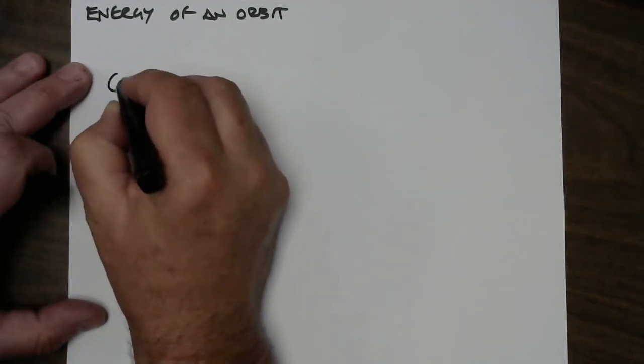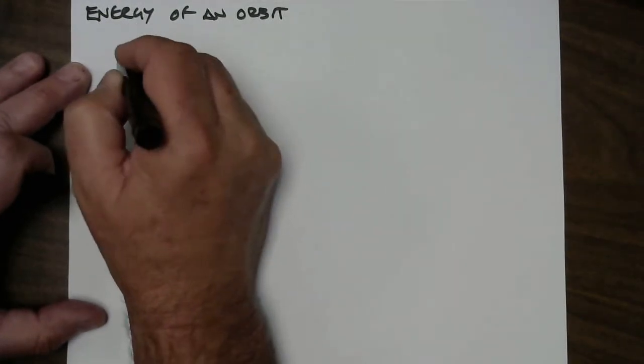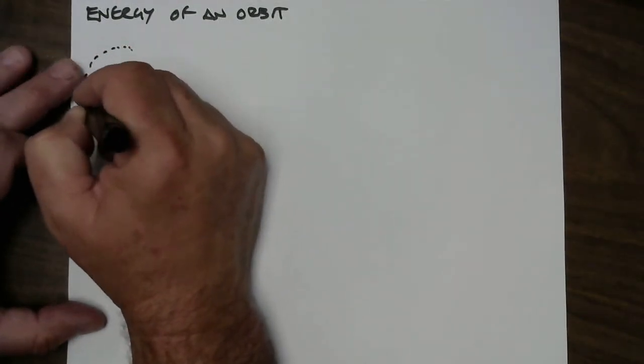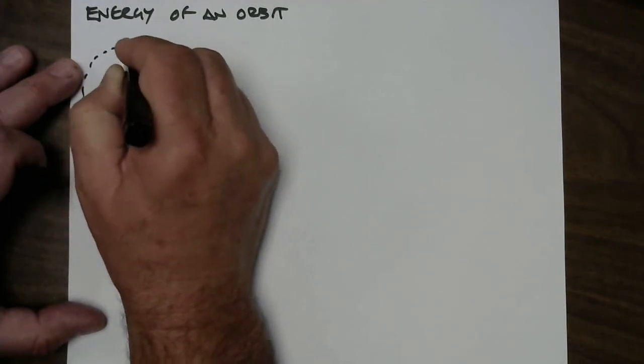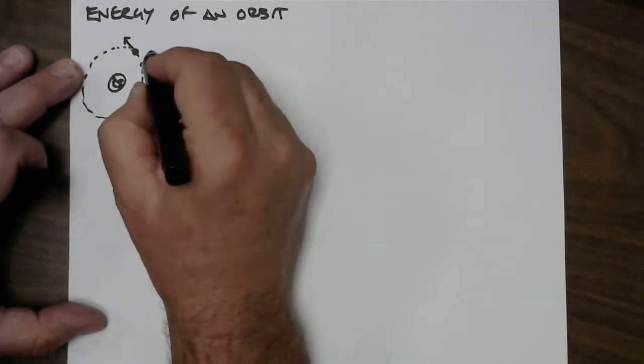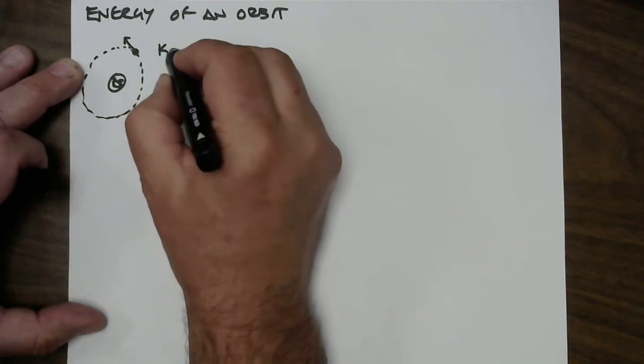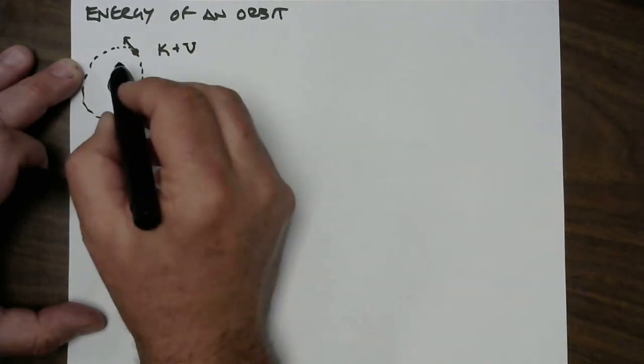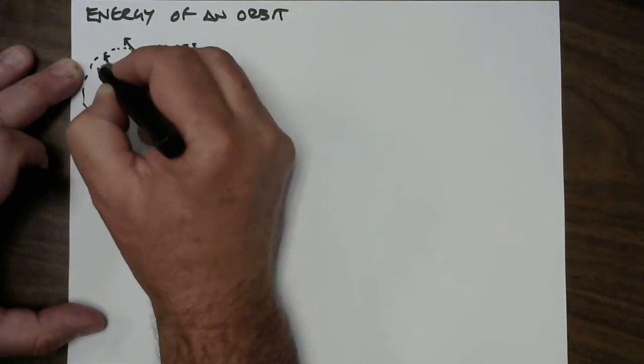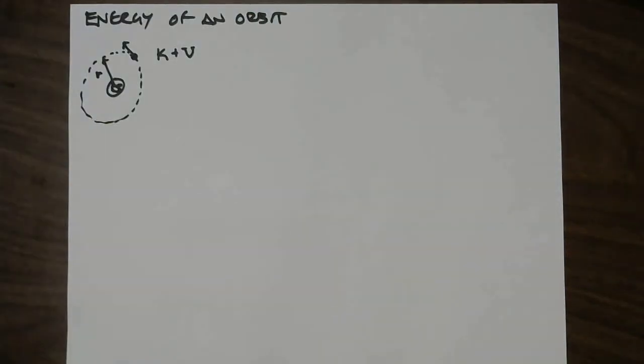So let's draw our picture here. We have our little Earth, and we're going around it at our orbital velocity. And that means that we have both kinetic energy and potential energy at that point, whatever the radius of this orbit is.